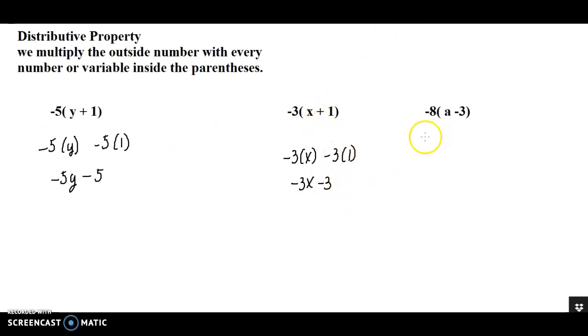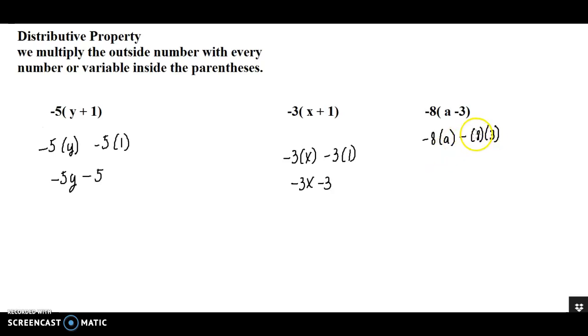Now our next one. They're telling me to take a negative 8 and multiply it times a, and take a negative 8 and multiply it times 3.